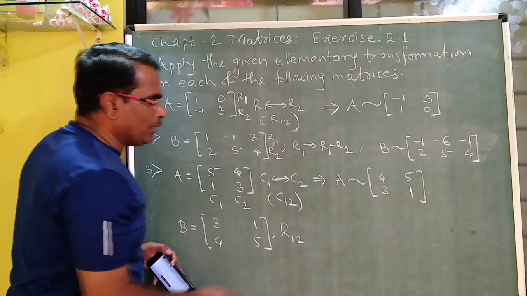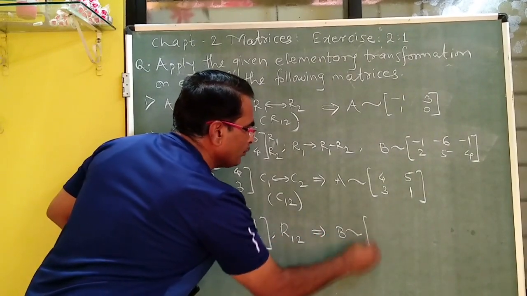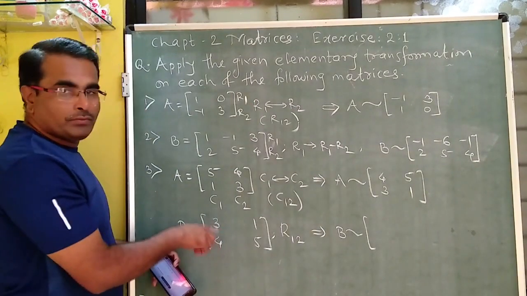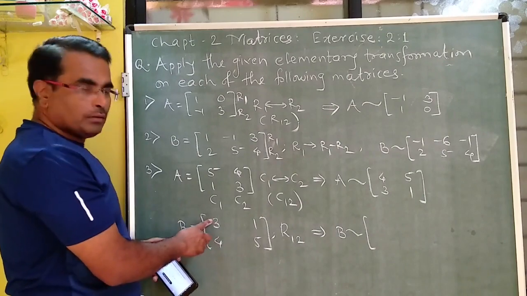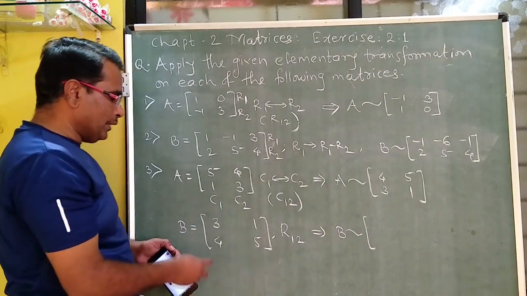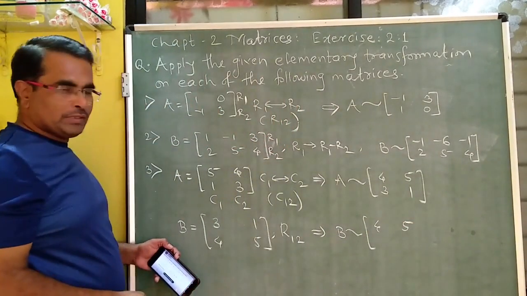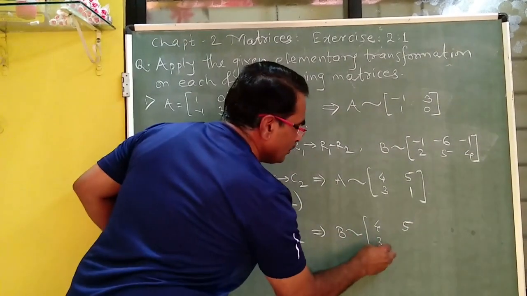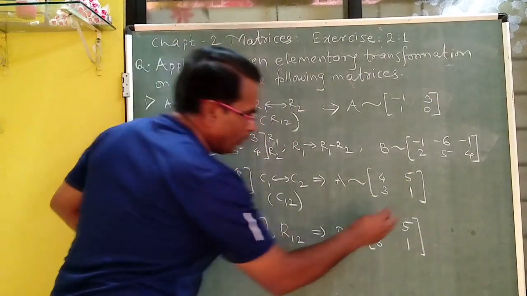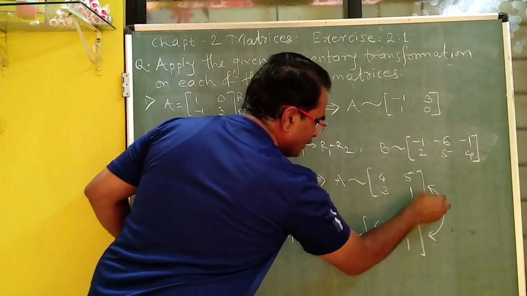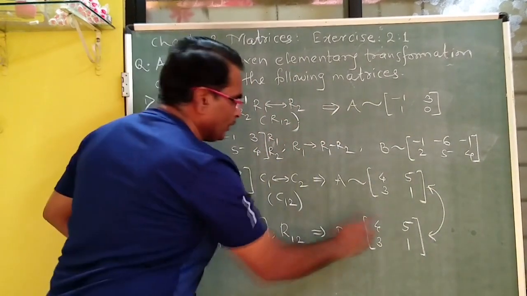So if you apply R12 on this matrix B, that is interchange first and second row, then in that case we will get another matrix that is equivalent to B. So 4 5, the second row will appear as the first row, and 3 1, the first row, will appear as the second. Now you will observe that these are same. 4 5 3 1, 4 5 3 1.